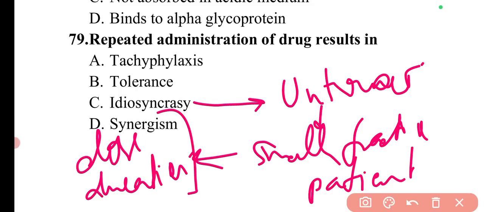So this is the main thing regarding the idiosyncrasy. Means these are the untoward reaction to drugs that basically happens in a very small fraction of patients and have no obvious relationship to the dose or duration of therapy.